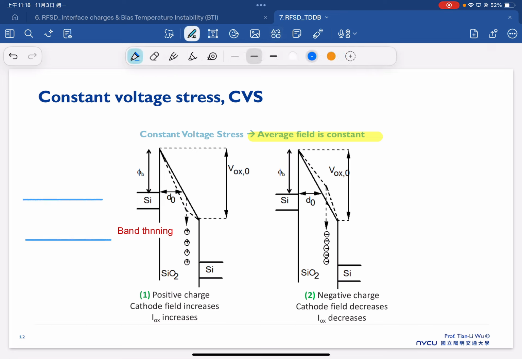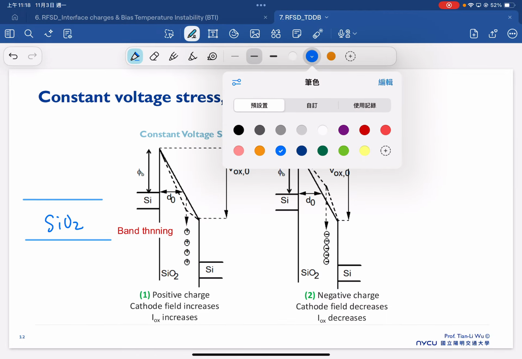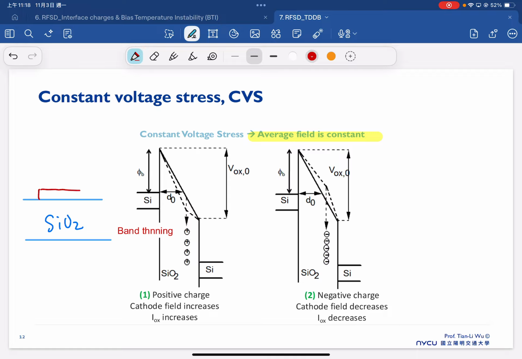We put the top as one metal, and the bottom as another metal, and the top is what we call the anode, and the bottom is what we call the cathode.